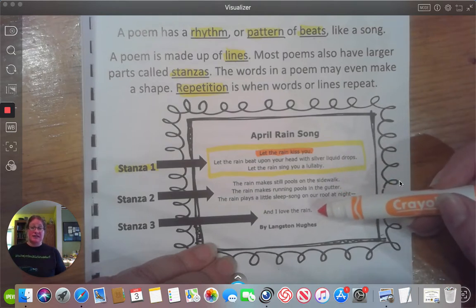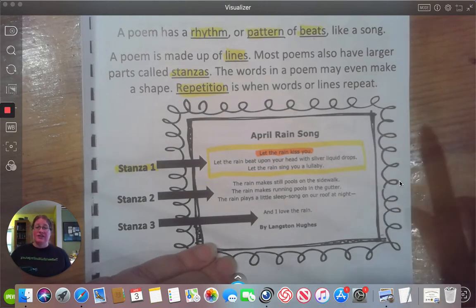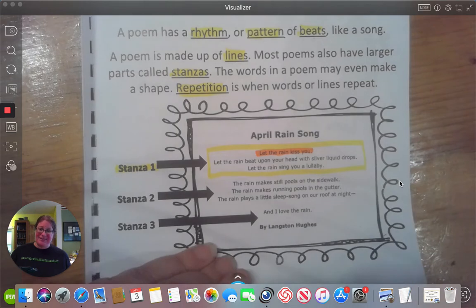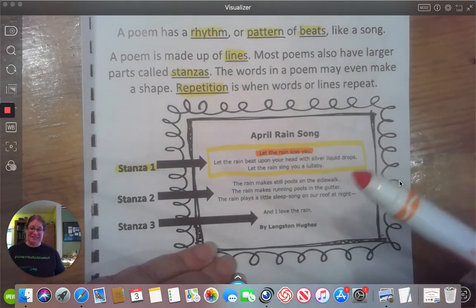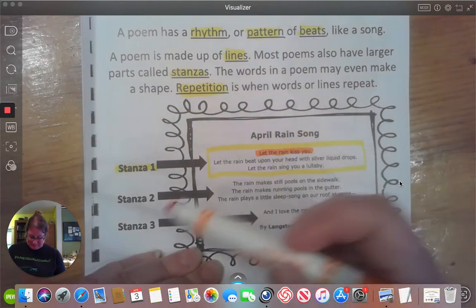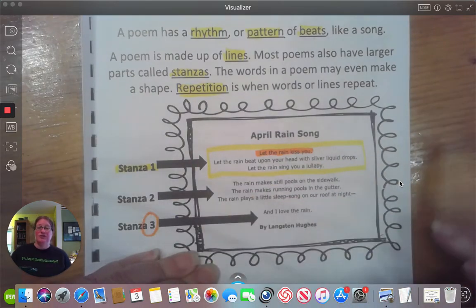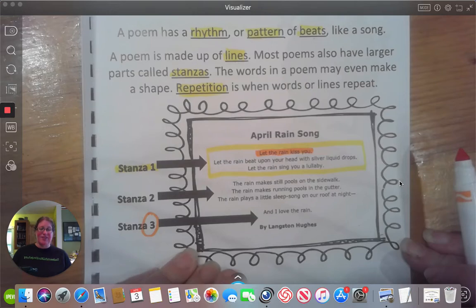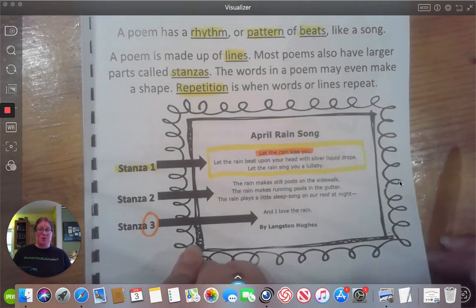If you got 7 lines, you were correct. Now the diagram helps you count the stanzas. So circle the number of stanzas. If you circled the number 3, you were correct. There are 3 stanzas to this poem.